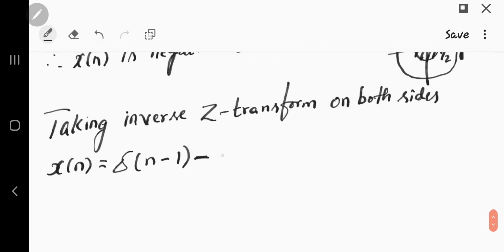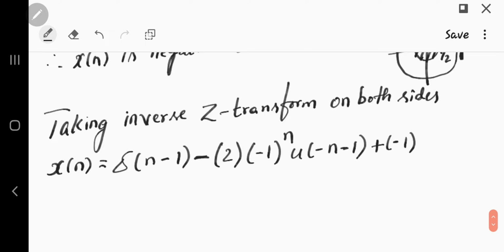Okay, so 2 is the value of k1, and here -1 to the power of n, u of minus n minus 1 plus -1 is the value for k2, again it is minus because the second term is also a negative time sequence. -1 is the value of k2, and the coefficient here in place of alpha we have -1 by 2, -1 by 2 to the power of n, u of minus n minus 1.